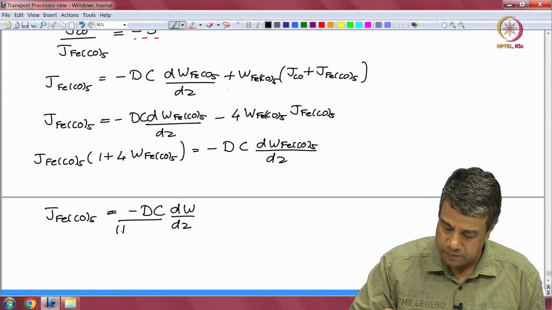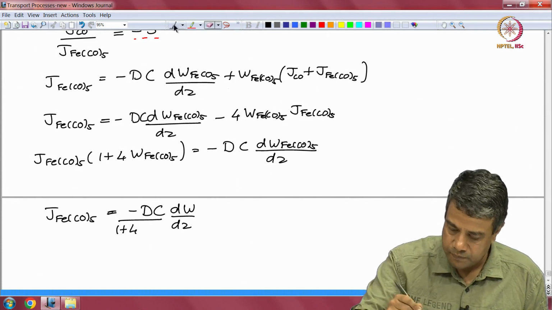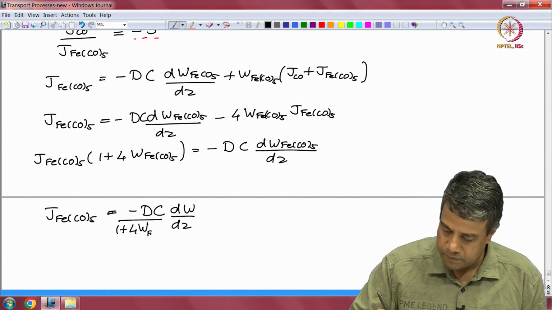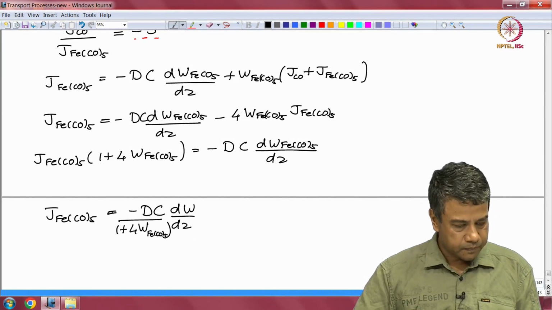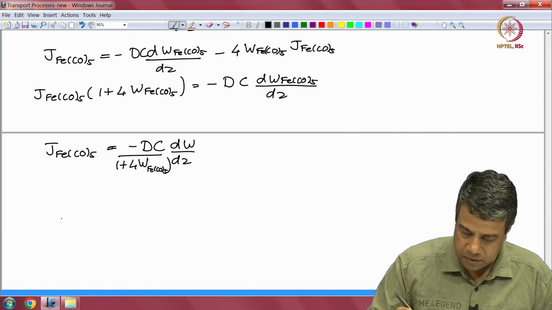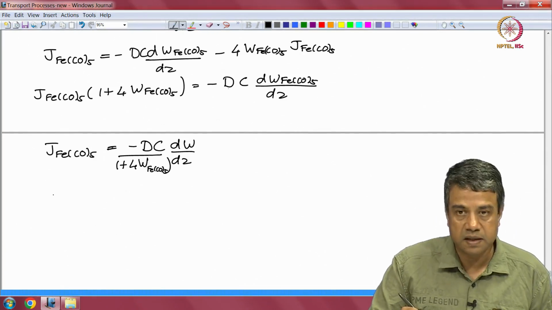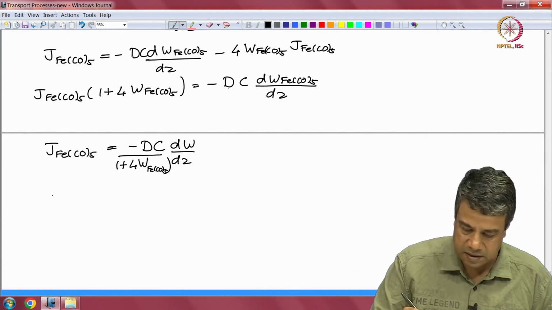Now, you can integrate this. Take dz to the left side and then integrate, because the flux has to be constant at steady state.